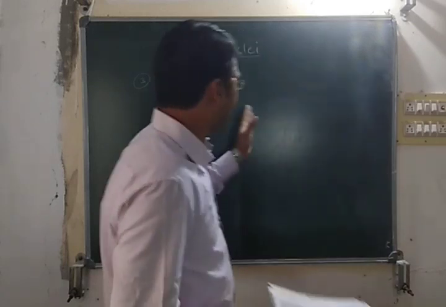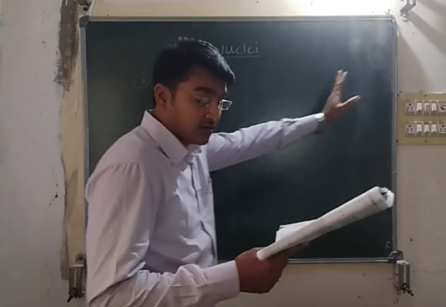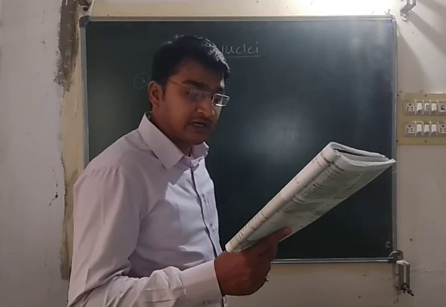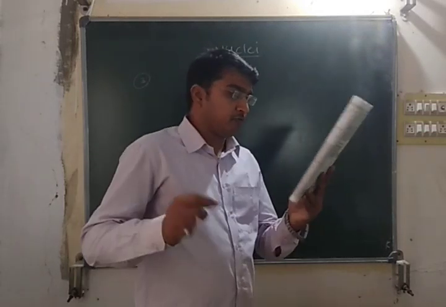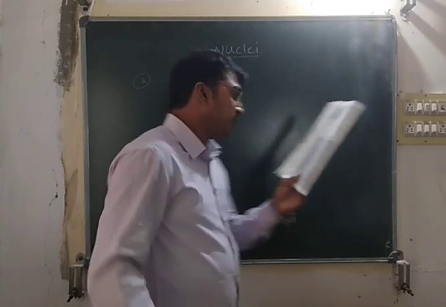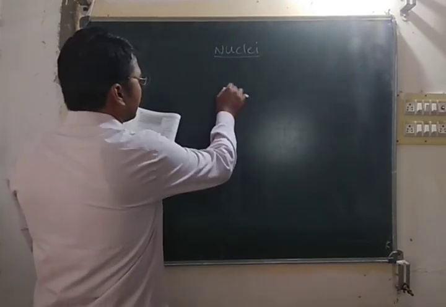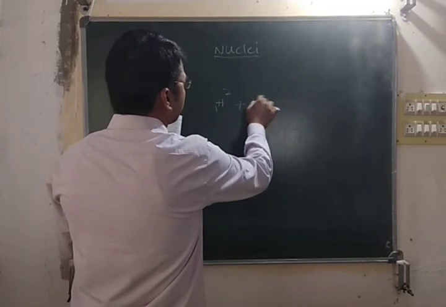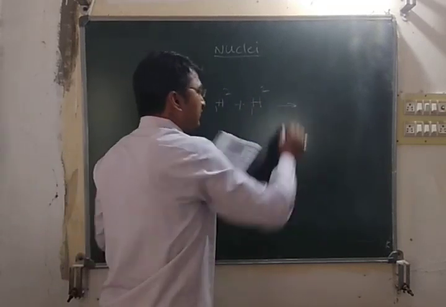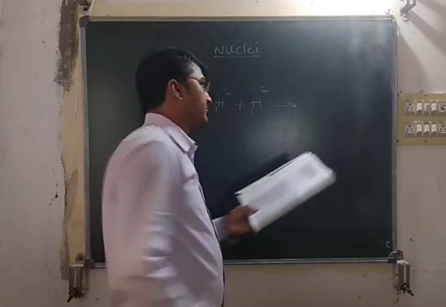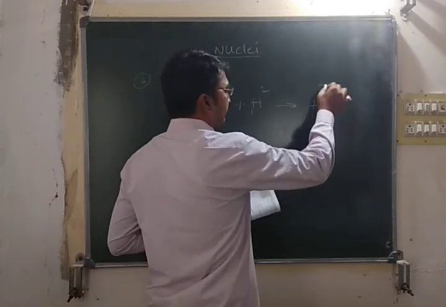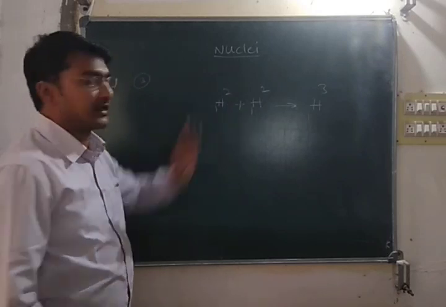When two deuterium nuclei fuse together to form tritium, given H1, H12, H12 forming helium. So when two deuterium, H12, fuse together to form tritium, that is H13, it is formed like this.